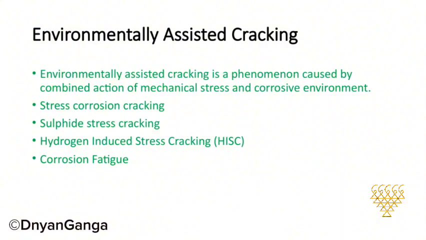All of these are examples of environmentally assisted cracking, and understanding them is crucial because they can significantly compromise the integrity and safety of structures and components. This overall theme highlights how environmental factors can dramatically influence material durability, especially in demanding industrial settings.